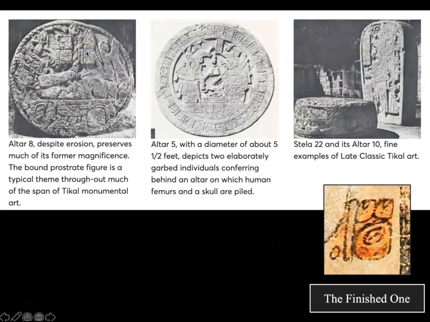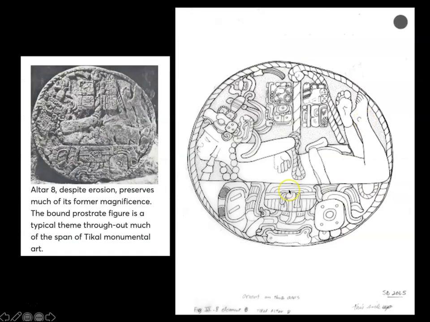I know they're hard to see in these reliefs because of the color toning. But here you can see the tied up individual here. And then here you have 2 individuals with a skull on an altar here. And this is another altar piece here. And here's that one in a drawing. You can see it a little better.